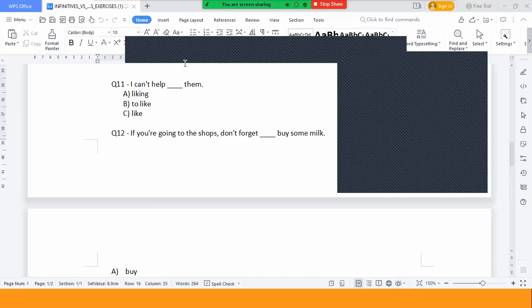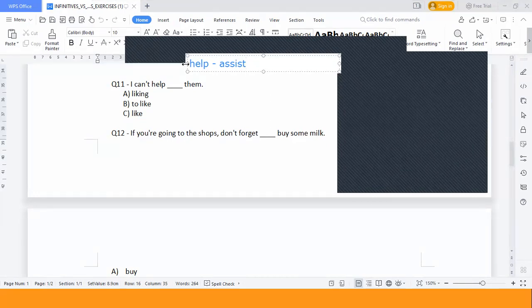Here we have the verb to help. The verb to help can have two different meanings. One is to assist. Please help me. I need your help. It's a synonym of assist.